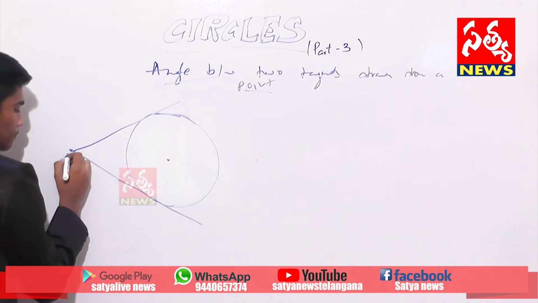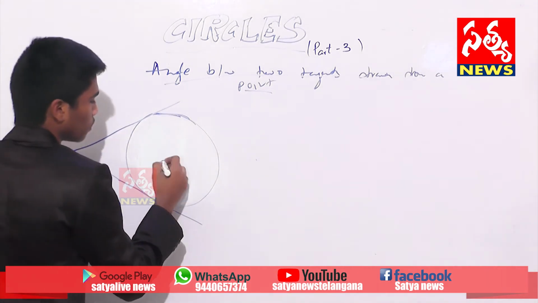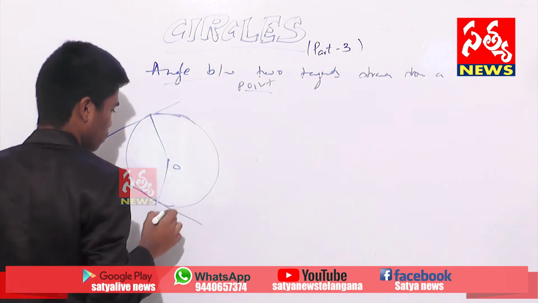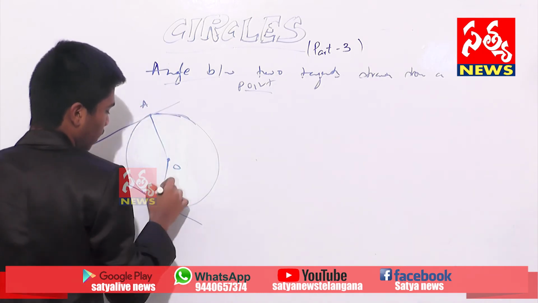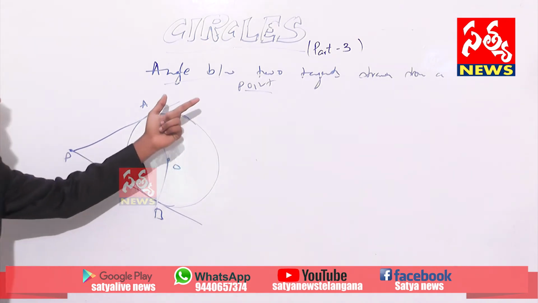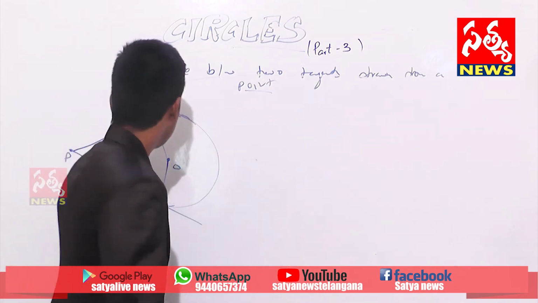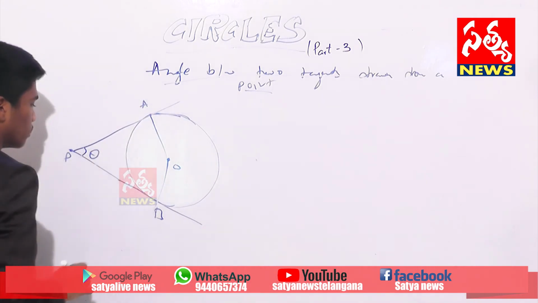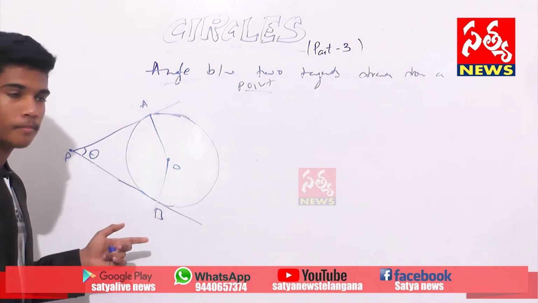Here, take this is point P, this is O, A and B. Now, we require the angle between two tangents, which means this angle APB.